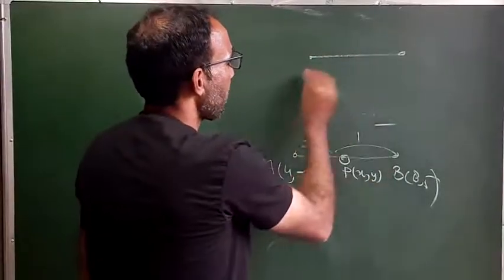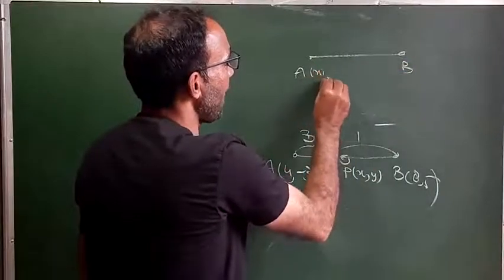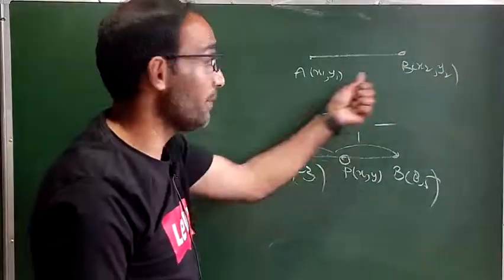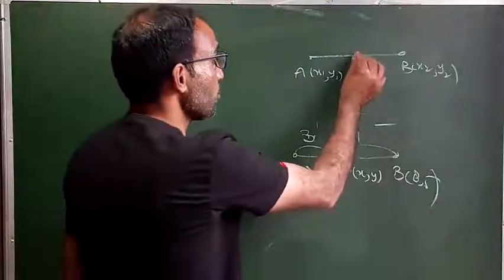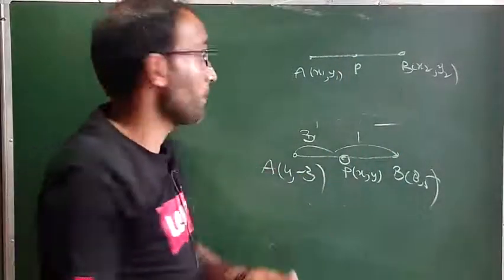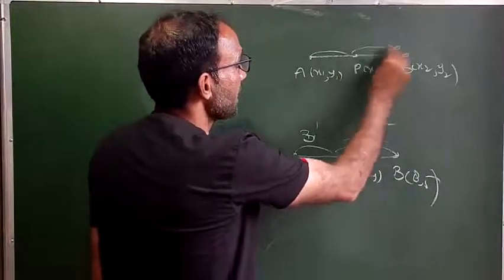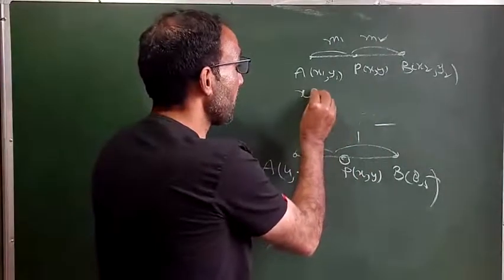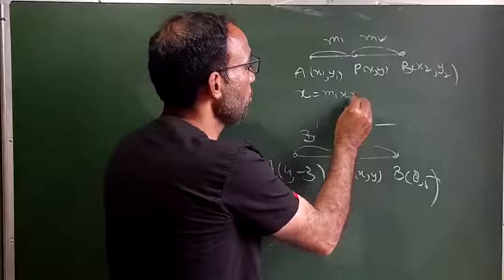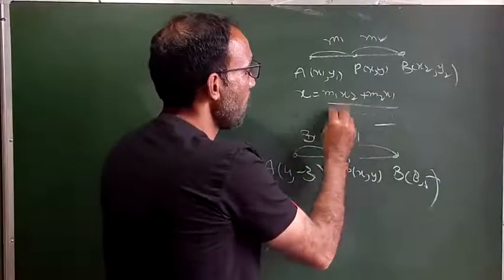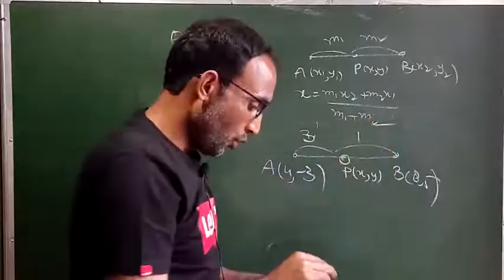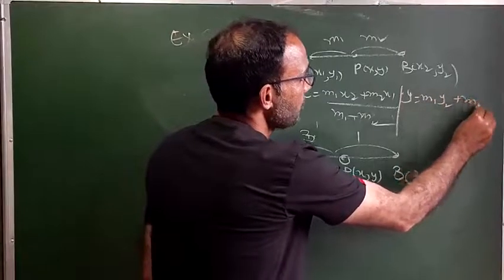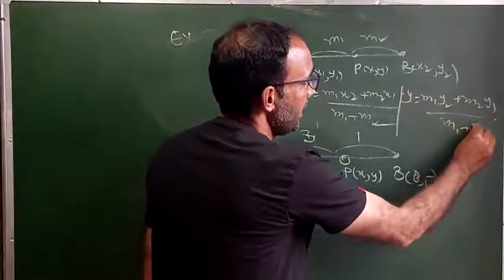Before this I taught you, if you are given a line segment AB whose ends are x1 y1 and x2 y2, and we take a point P whose coordinates are x y, and the ratio is m1:m2, then the formula we use is called the section formula: x is m1 x2 plus m2 x1 upon m1 plus m2, and the y coordinate is equal to m1 y2 plus m2 y1 upon m1 plus m2.